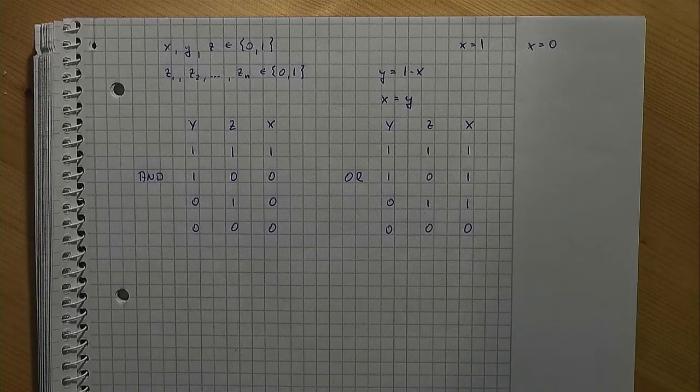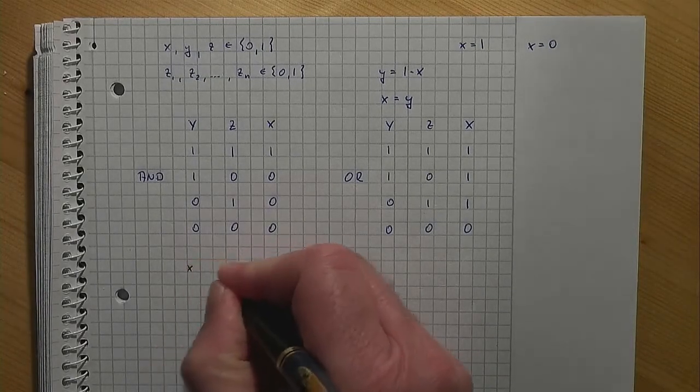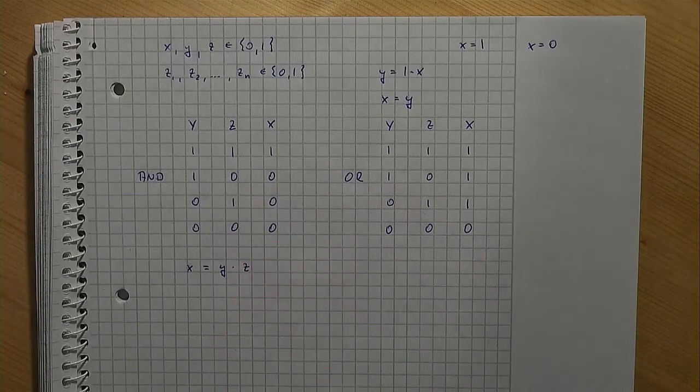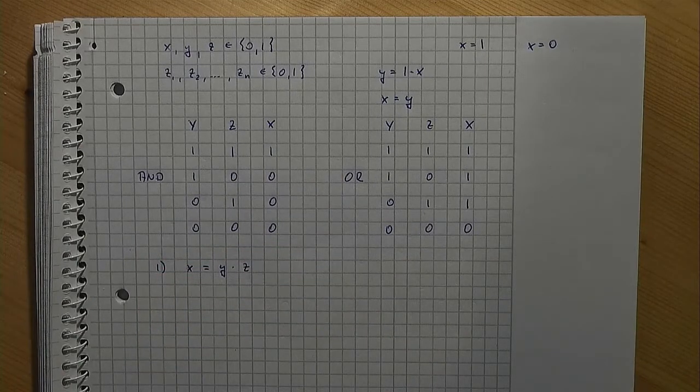How can we model this when logical operators like AND and OR are not available and only arithmetic expressions are allowed in our models? Try to find a set of constraints that do the job and pause the video now. A solution would be the following. For the AND operator, we could simply write x equals y times z, which would be perfectly okay.